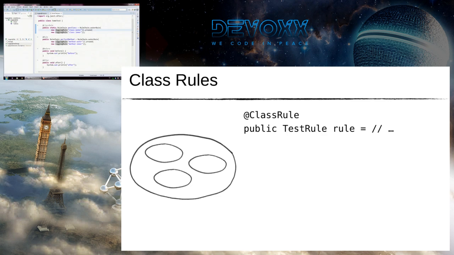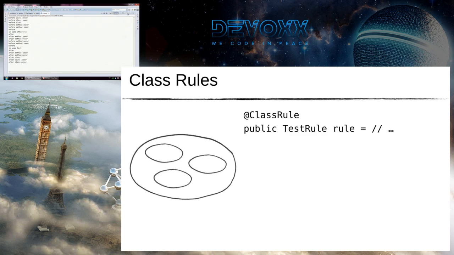So if we execute all this, we can see that the rules, the class rules, wrap around the whole test. They get called in the very beginning and then close up in the end.